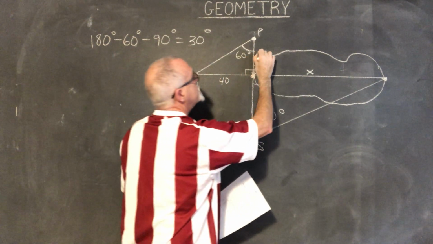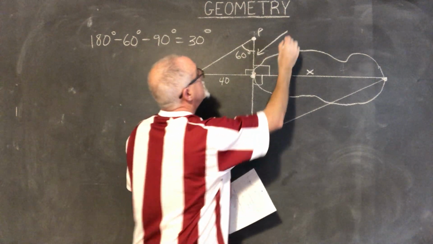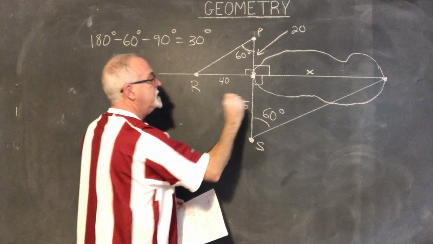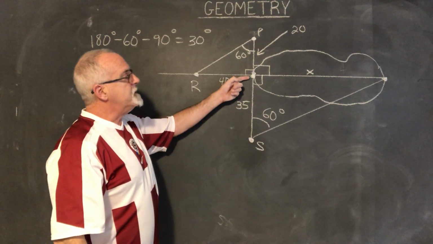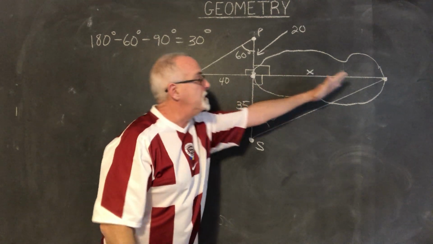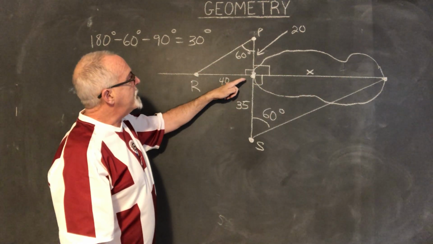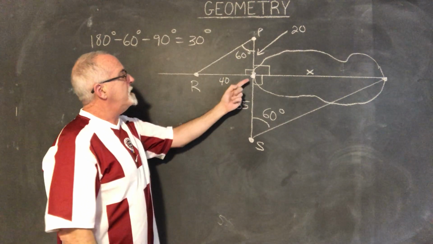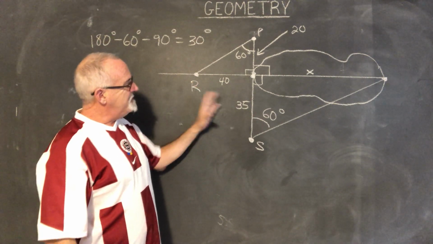It's hard for me to have space to label this, but this is going to be 20, and then this one here is 35. So we have 35 feet between the shovel and this point that I chose to look straight across the pond at the house on the other side. I have 20 feet between that same point and the pitchfork, and I have 40 feet between that same point and the rake. It doesn't really look like it.